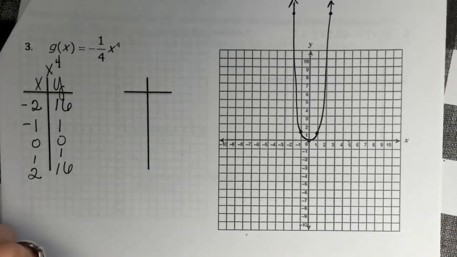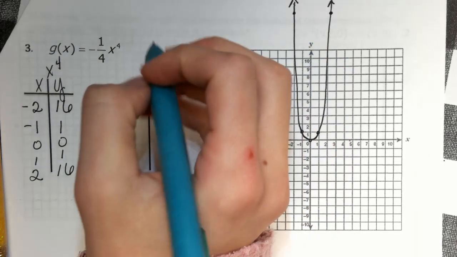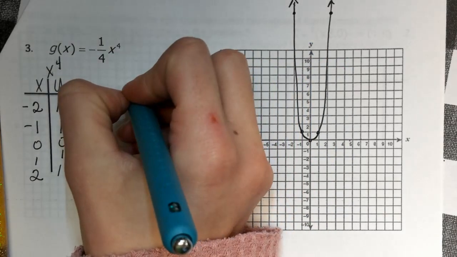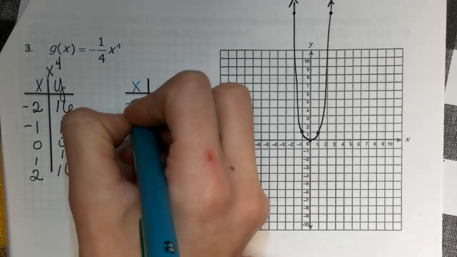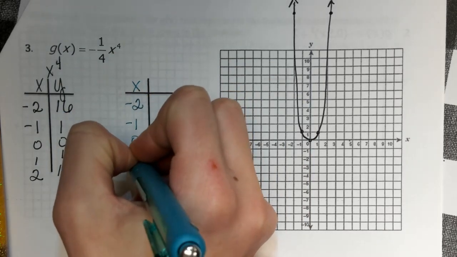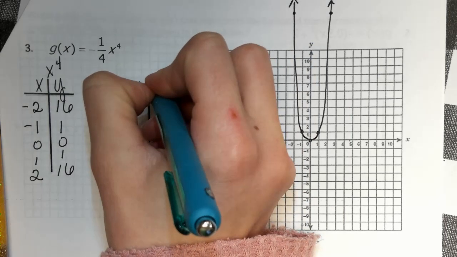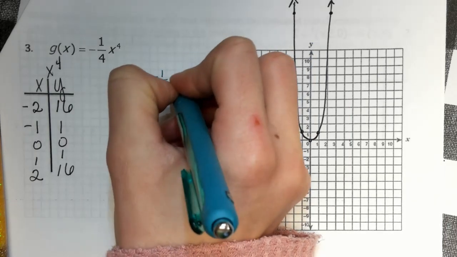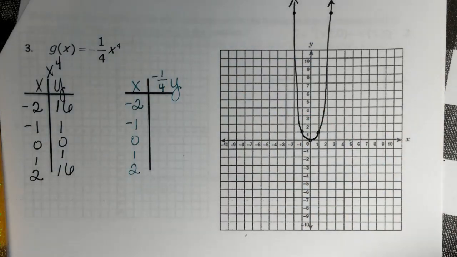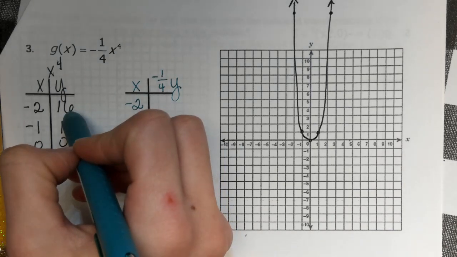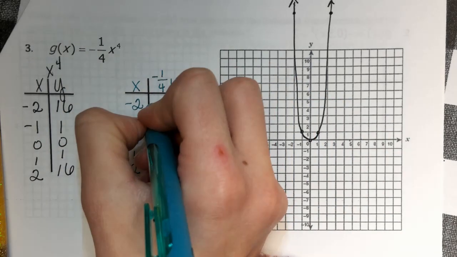So then for your transformation, is anything happening to my x? No. For my y, I'm multiplying y by negative 1/4. Okay. So when you do this, 16 times the negative 1/4 is negative 4.